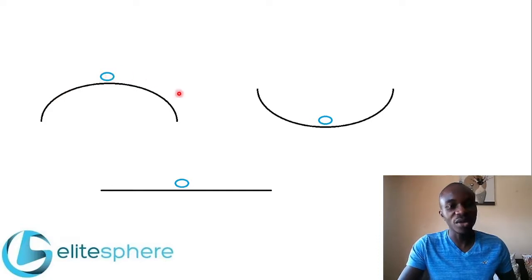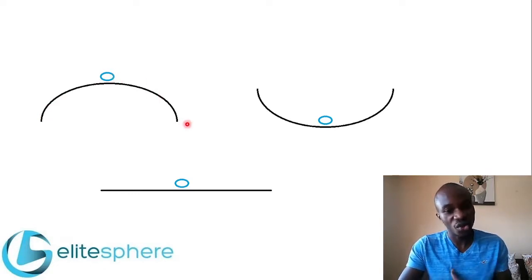It will either go to the right and stay there or go to the left and stay there. So this is negative static stability, because after disturbance, the aircraft goes further to a new position. This is what we call negative static stability.